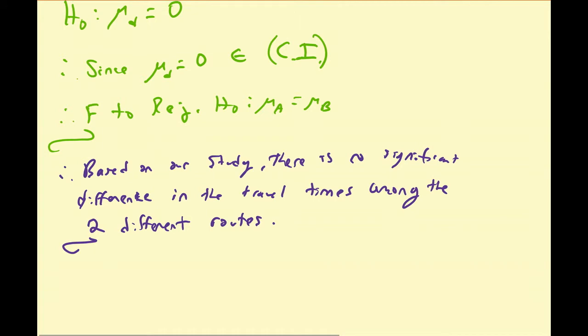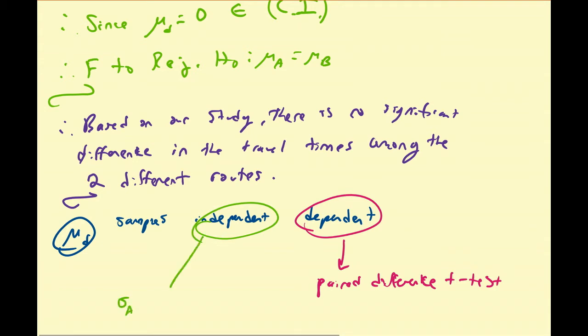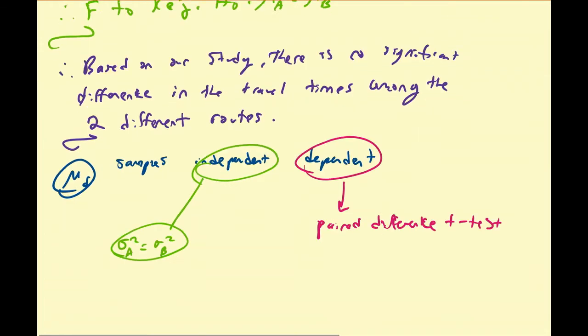So to quickly outline how to test the population mean difference. The first thing you need to ask yourself is, are your samples independent or dependent? If they are dependent, then you're going to use a paired difference t-test. And if they are independent, if your variances, sigma a squared and sigma b squared, are equal, then you're going to use a pooled variance t-test.